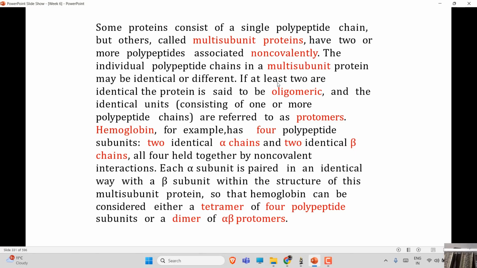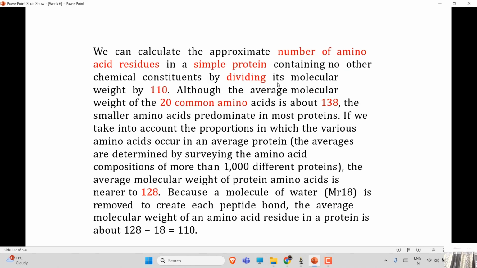Hemoglobin, for example, has four polypeptide subunits, two identical alpha and two identical beta chains. All four are held together by non-covalent interactions, so hemoglobin can be considered either a tetramer or a dimer.